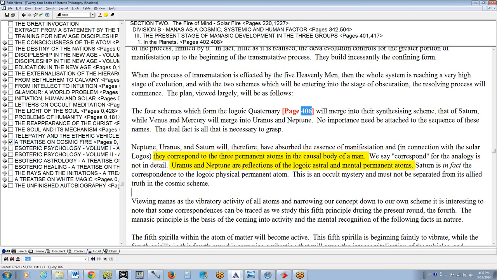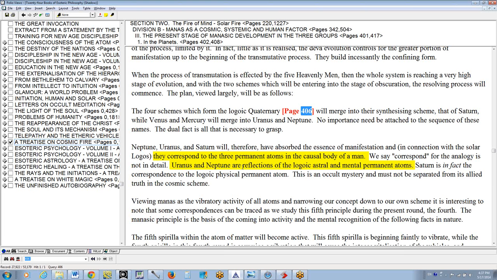We say correspond, for the analogy is not in detail, and Uranus and Neptune are reflections of the logoic astral and mental permanent atoms, which then would seem to be perhaps something other.